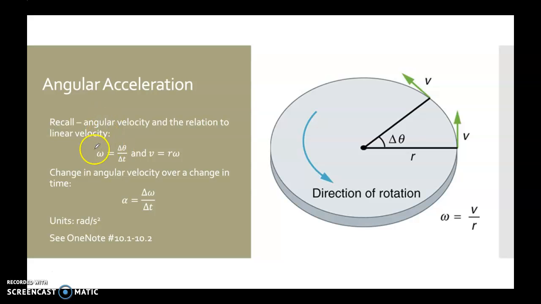So our angular velocity, which is this omega here, is equal to our change in angle over our time.